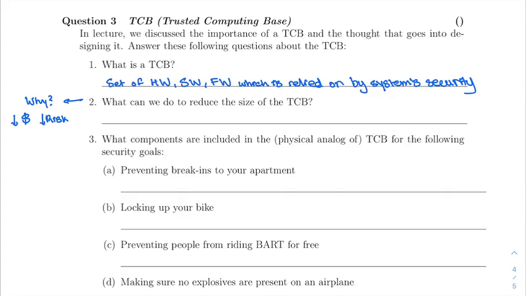Great. So the way we actually reduce the size of the TCB, the first one, which is relatively straightforward, is simply reducing the number of dependencies.